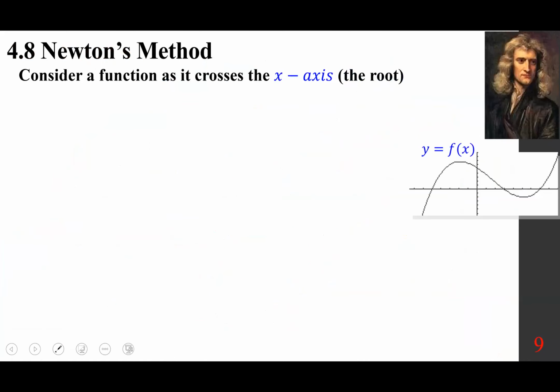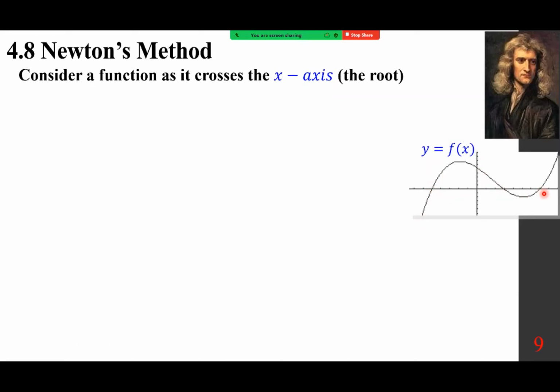The next topic is Newton's method. So consider a function as it crosses the x-axis. That means we are looking for the zeros or roots of the function. For example, in this case, y equals f of x crosses the x-axis at this point, this point, this point.